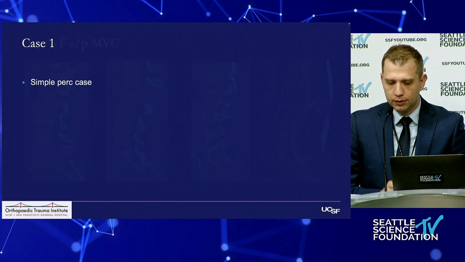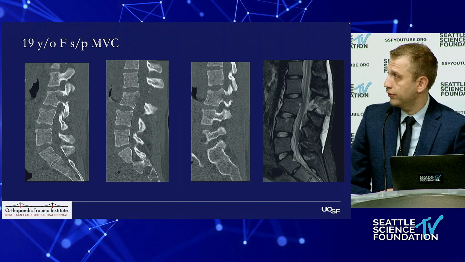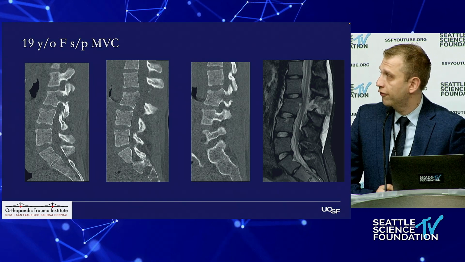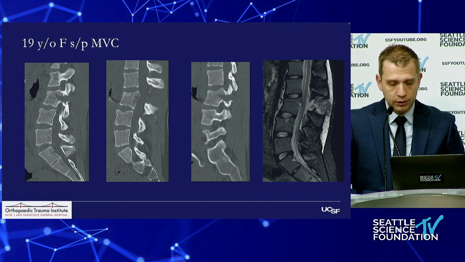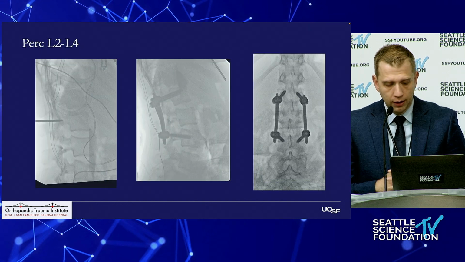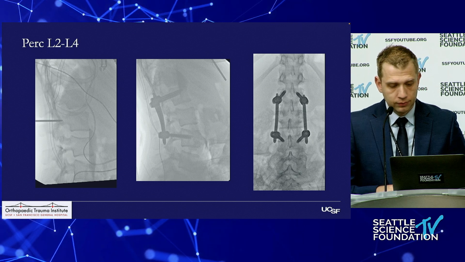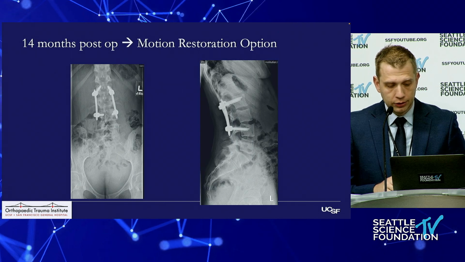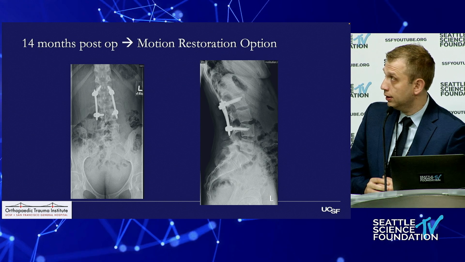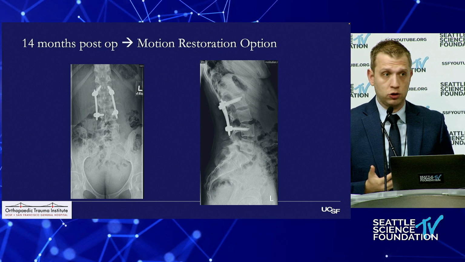This is the patient I presented earlier, a 19-year-old female, status post motor vehicle crash. She has this flexion distraction injury, and she was fixed percutaneously. The tension band was then restored, and here you can see how she healed nicely. Then we could remove the hardware and restore her motion.